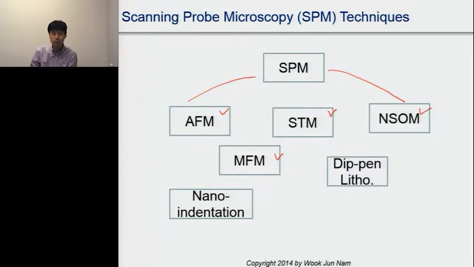But all of these techniques use a cantilever, and some kind of feedback system, and also use lasers and a photodetector. That is the basic configuration, which I will show you in the next slide. They are all under the big umbrella of scanning probe microscopy.